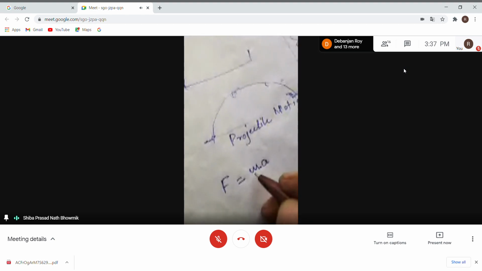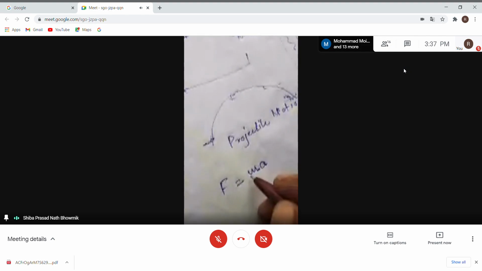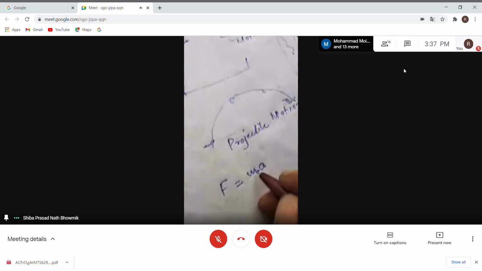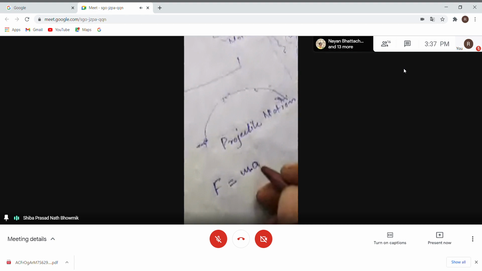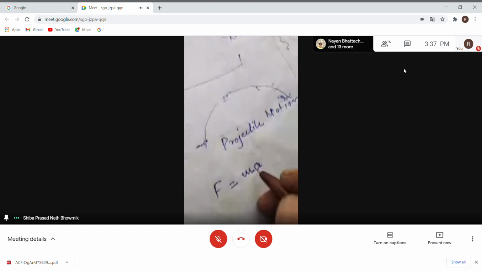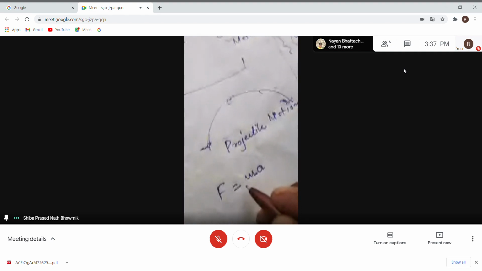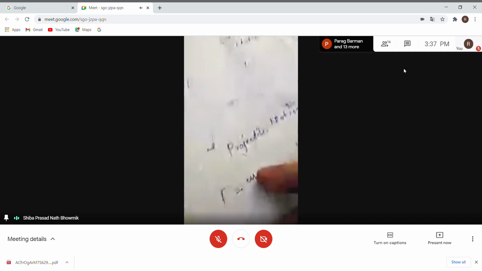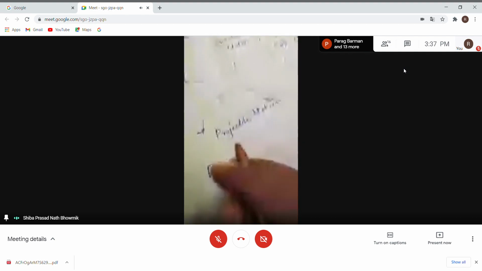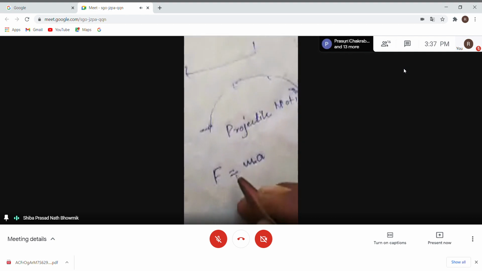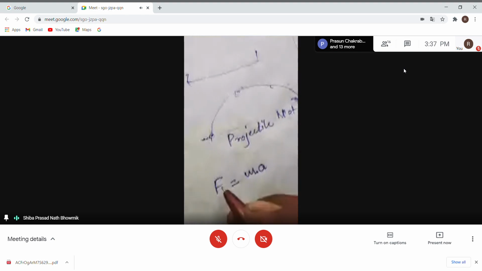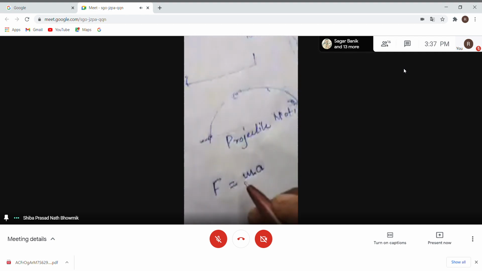Force is defined as nothing but the product of the mass of the object and the acceleration with which the object is moving. Okay, that is called force. Right? It comes from the second law of Newton. Now, if you think mathematically, here we have three terms.